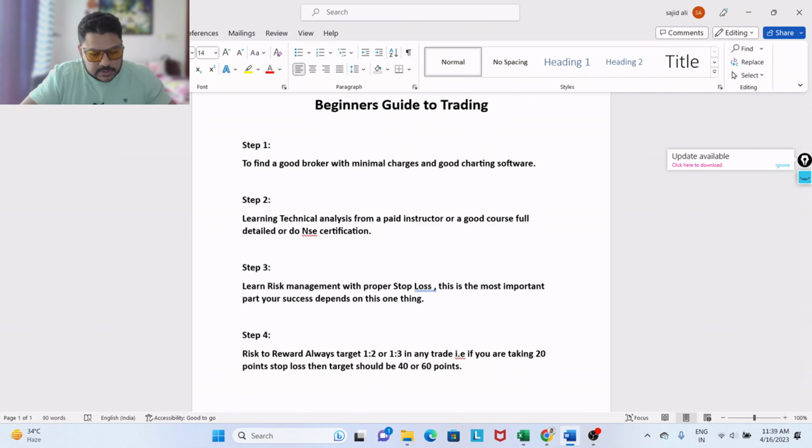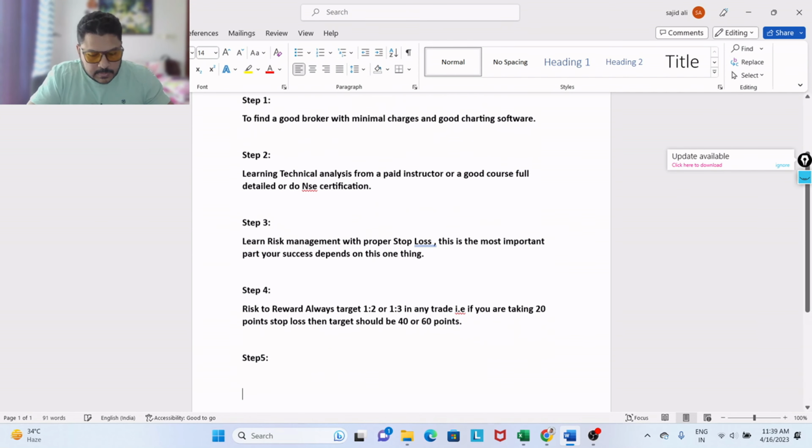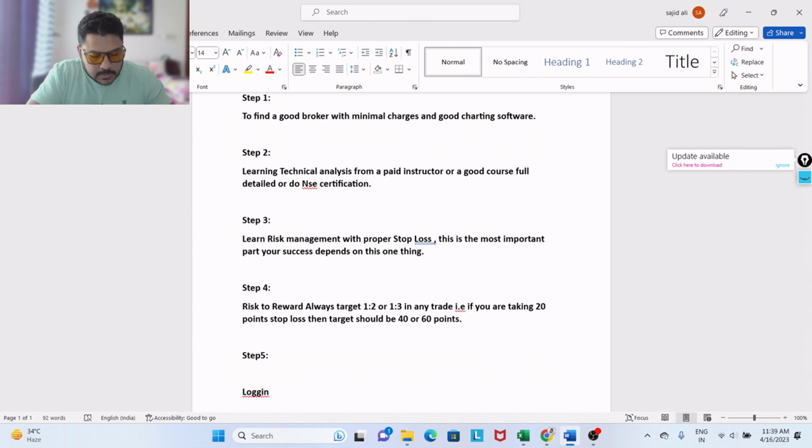And 5th step, logging of the trades. Okay, this is very important. You need to maintain an Excel sheet with the following.